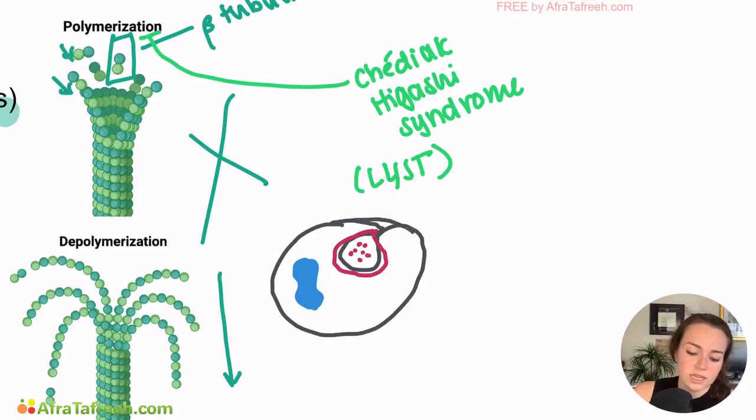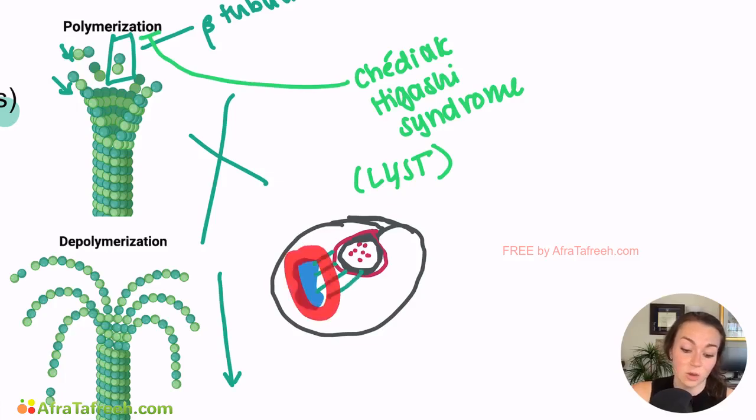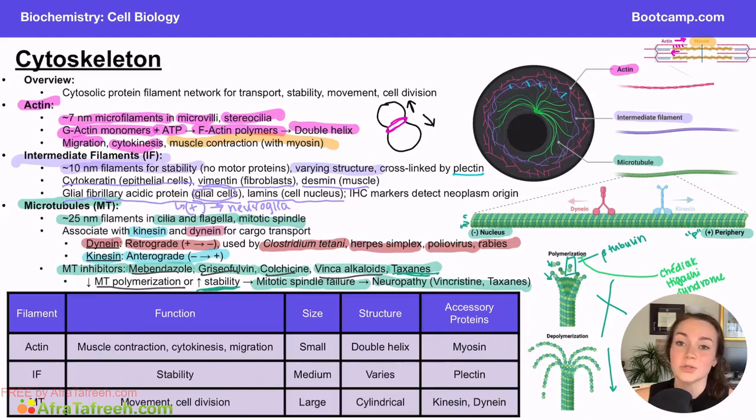And after phagocytosis is complete, microtubules are generally going to be what facilitate the fusion of the phagosome to the lysosome. And if you're interested in all the different presentations of this disorder, there is a separate video where we go into this condition at length. However, an interesting presentation of this is that the patient will have peripheral neuropathy, just like with some of those microtubule inhibitors.